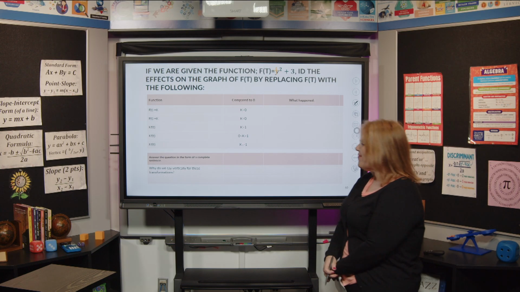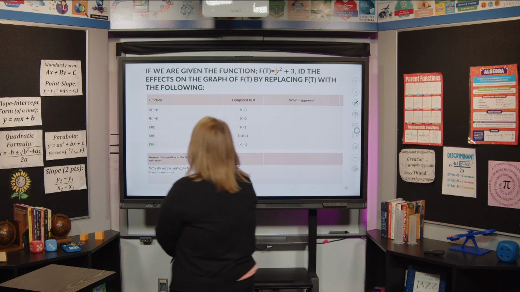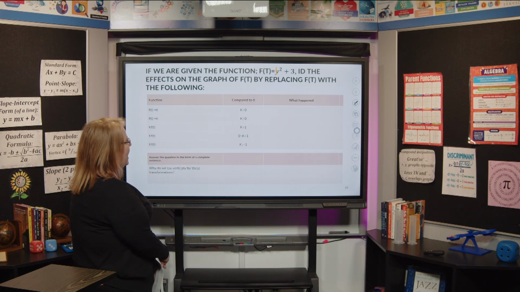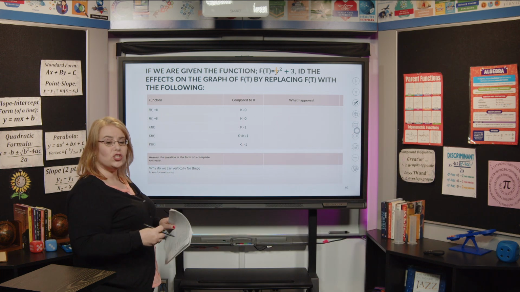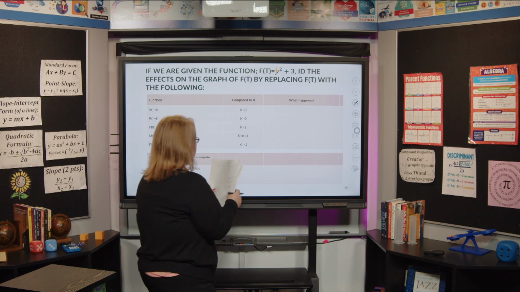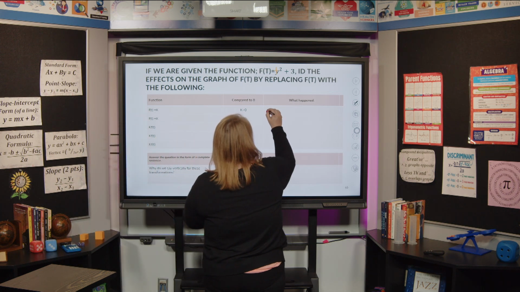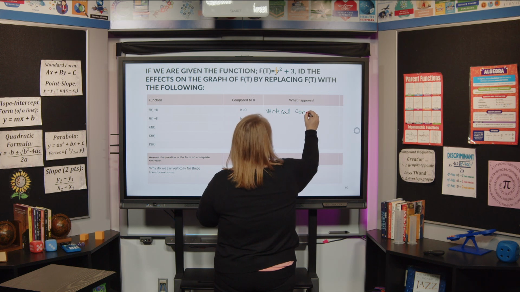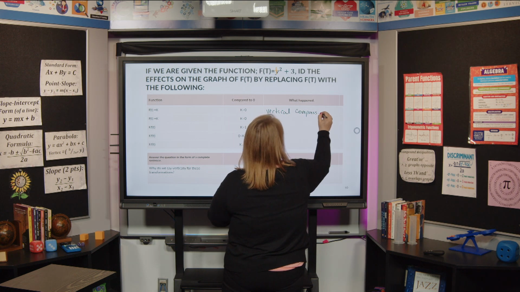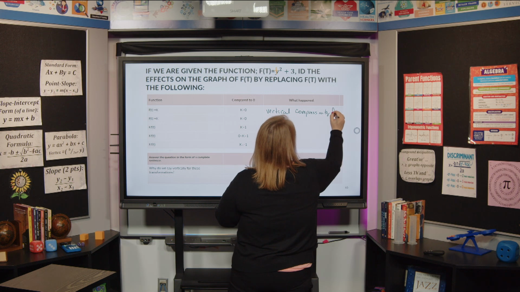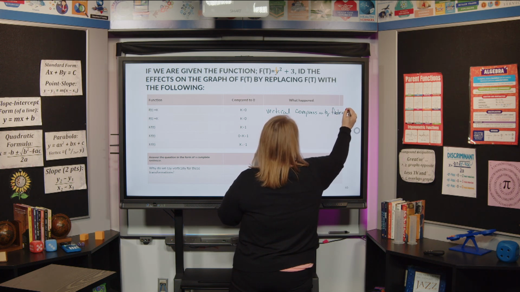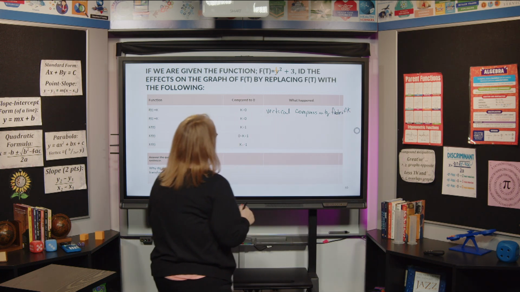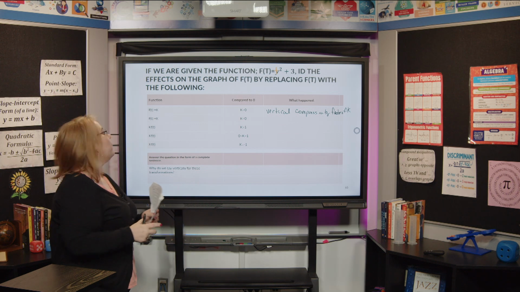All right, here we go. Let's see what we got. When I have my function f of t plus k, and my k is larger than 0, what do you get? Well, I get a vertical compression by factor of k, because k is larger than 0.